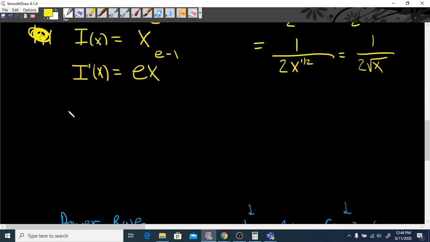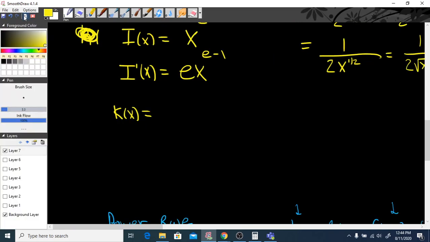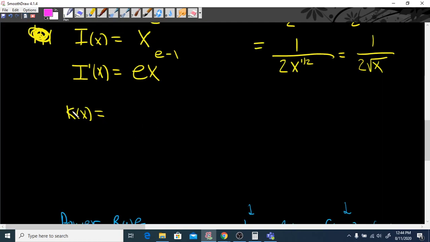k of x. Let's say k of x is the 10th root of x to the 7th.